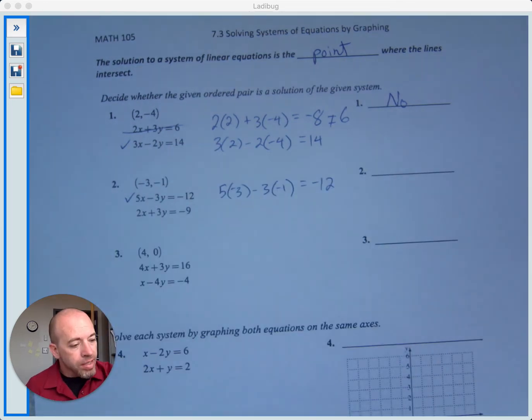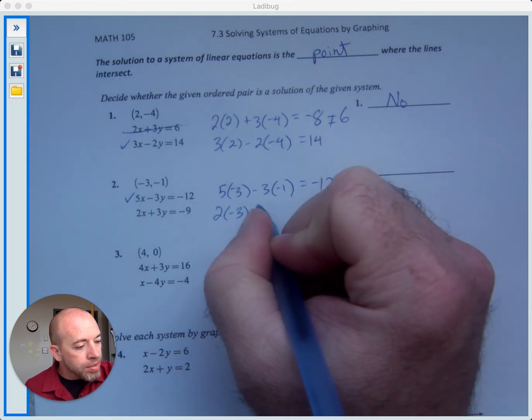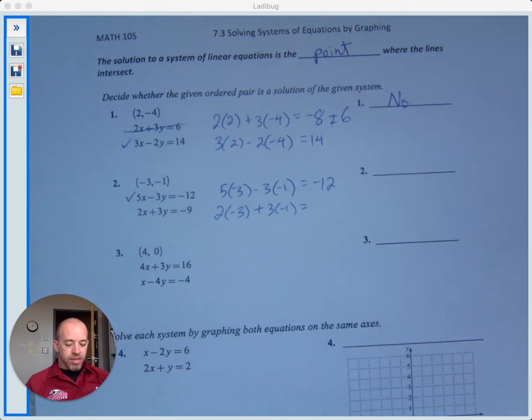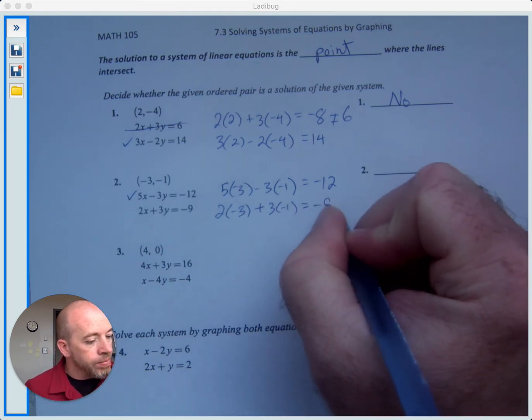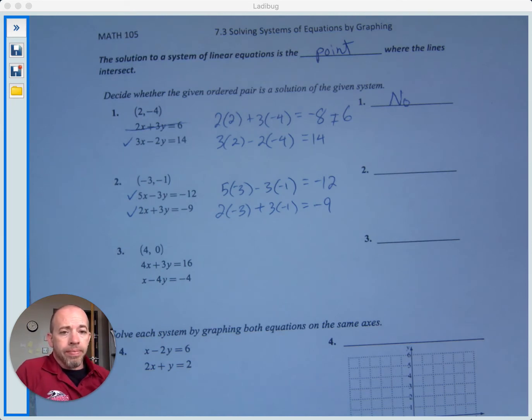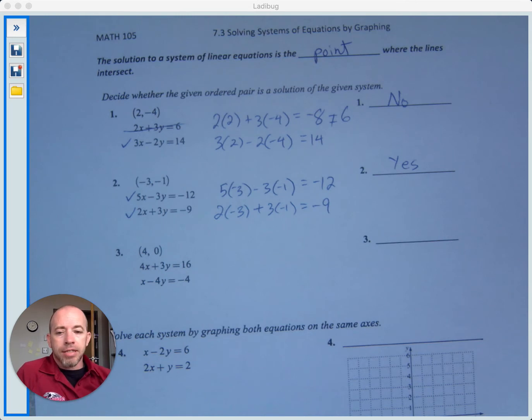And then let's try the next one. 2 times -3 plus 3 times -1. We get -9. Hey, it works in both. That's when we could say it's a solution to the system. So yes, in this case, it is.